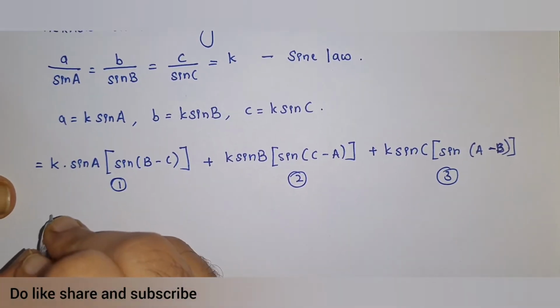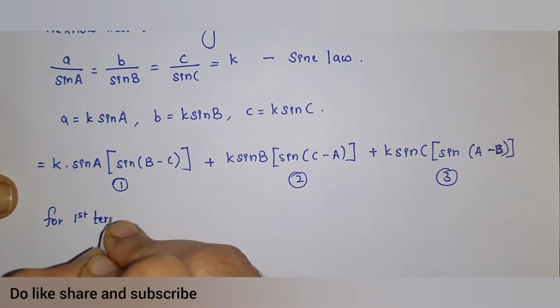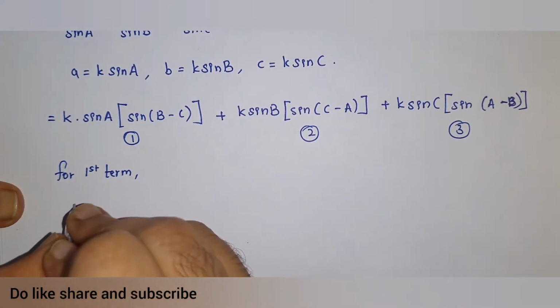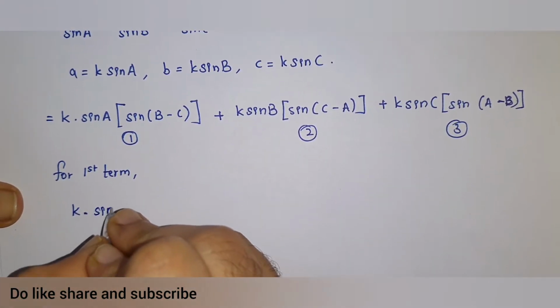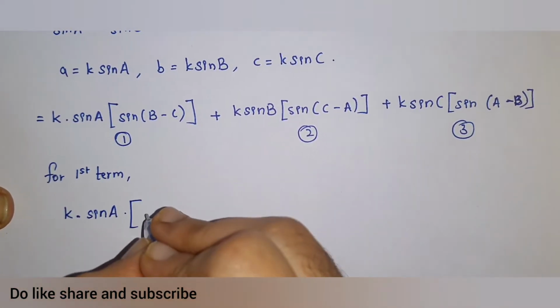Now for the first term, k will be here only, k into sine A. Now we'll be expanding this sine(B minus C).